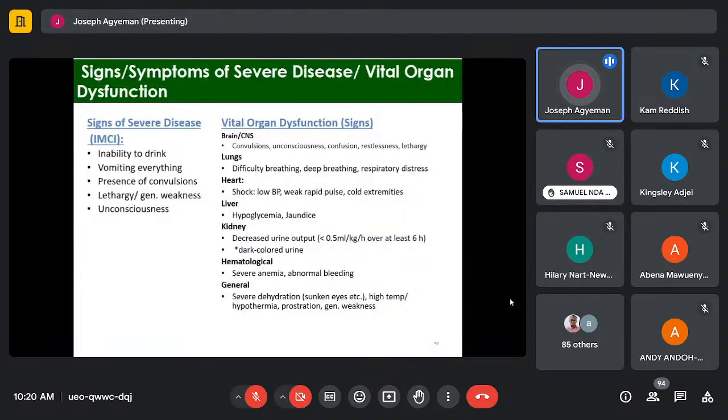Let's look at the uncomplicated one. We were talking about the normal chills, bitterness in the mouth, at times moderate to high fever, just the normal things, loss of appetite, malaise, and what have you.